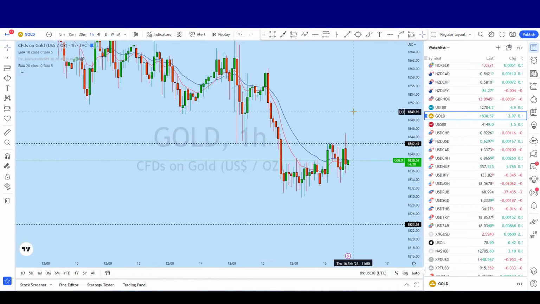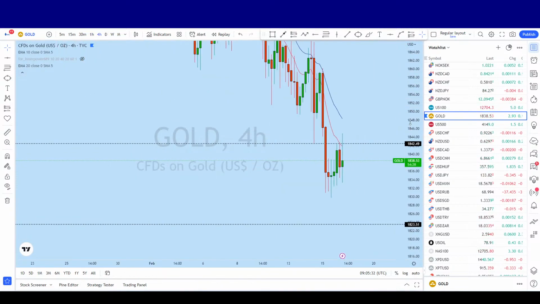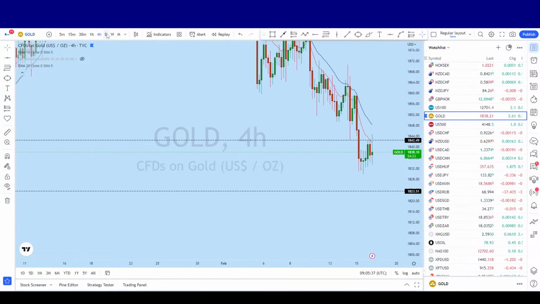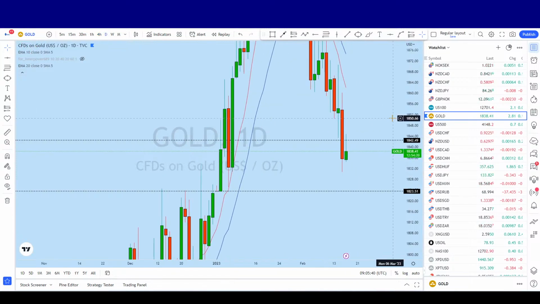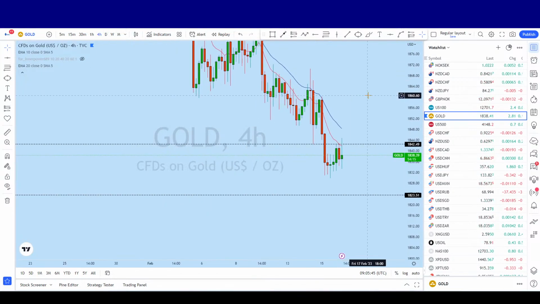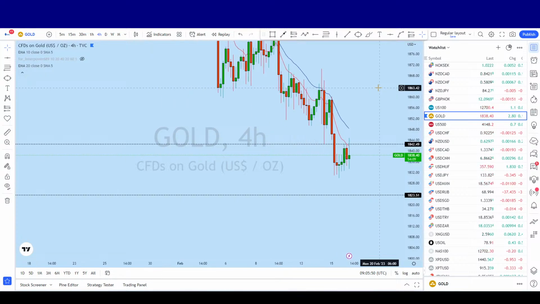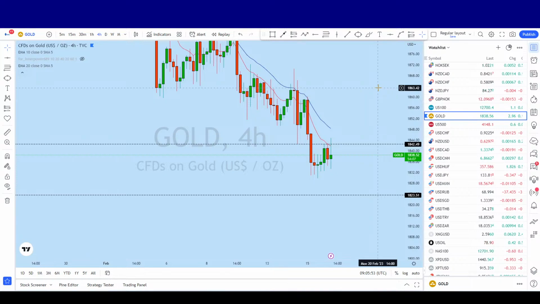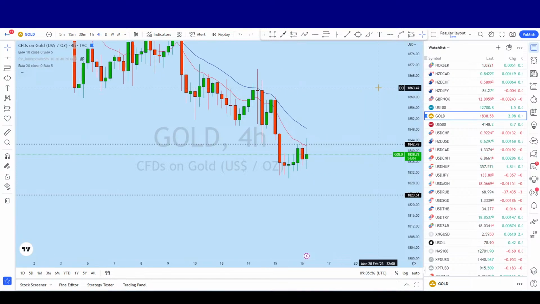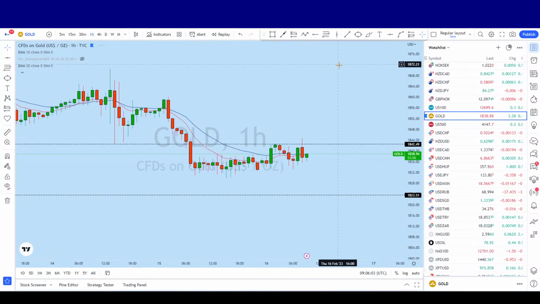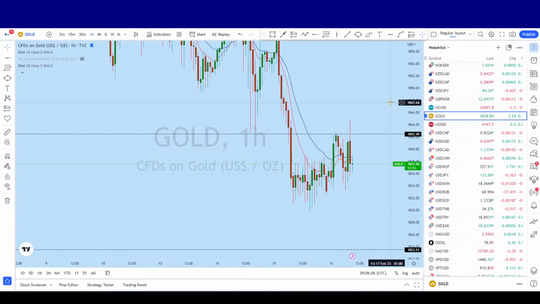Very, very unpredictable. It looks to me that gold might be going bullish again, or it may continue to move sideways.